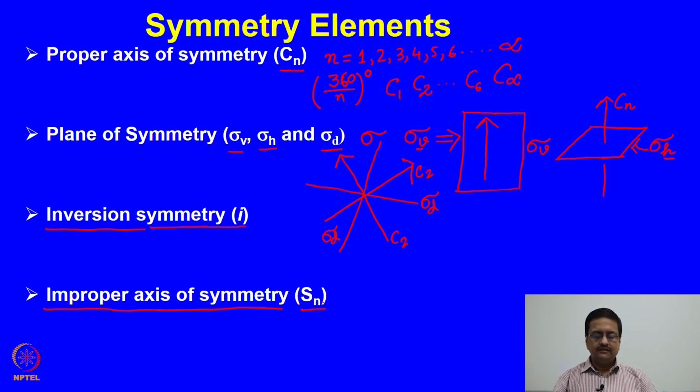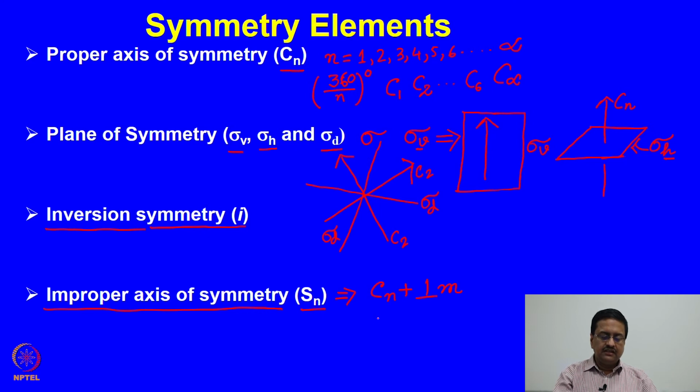What is Sn? Sn is not a single symmetry element. It means it is actually Cn plus a perpendicular mirror plane.